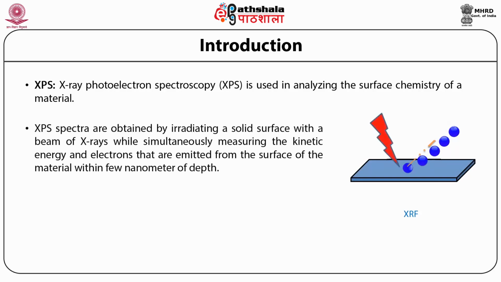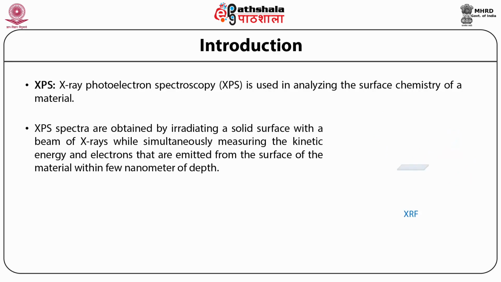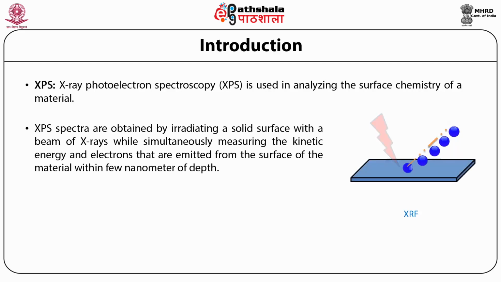XPS spectra are obtained by irradiating a solid surface with a beam of X-rays while simultaneously measuring the kinetic energy of electrons that are emitted from the surface of the material within a few nanometers of depth.